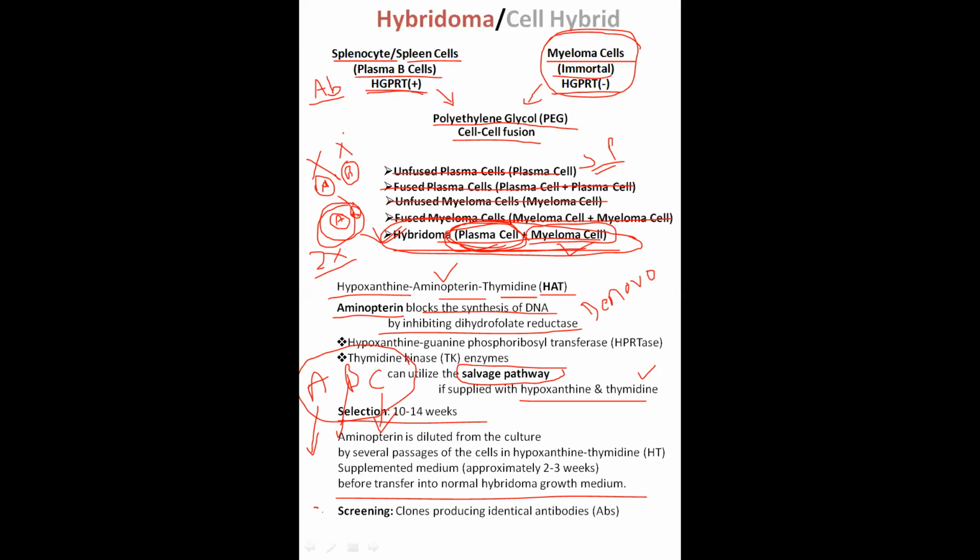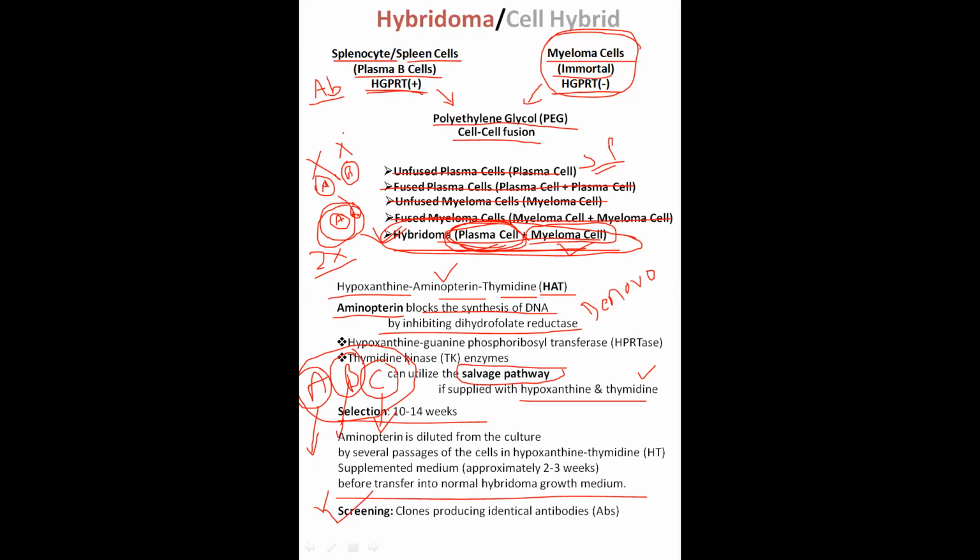In the screening, we make single cell clones of all these plasma B cells, so that whatever clones are selected, we get clones with identical antibodies. We can prepare or amplify only one type of B cell, either A, B, or C, and we take the most efficient antibody, the one with high affinity to the antigen, and all identical. This is only possible because of the screening.